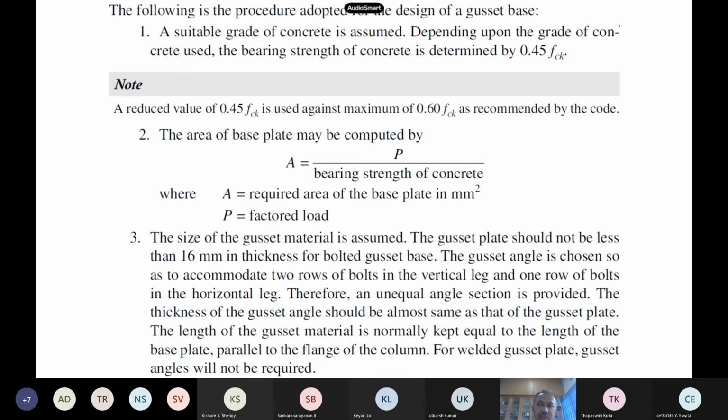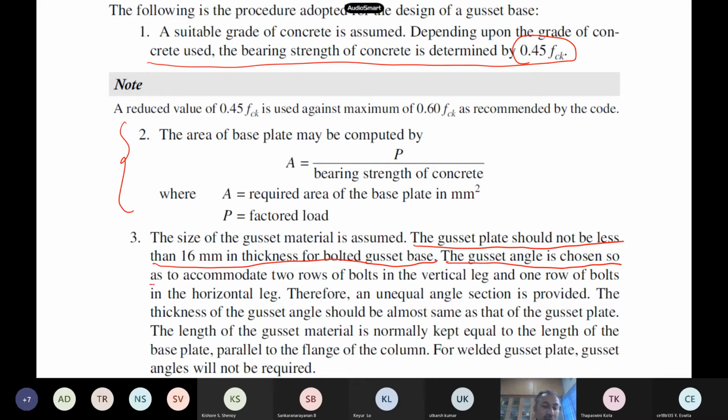These are the design steps. You assume a suitable grade of concrete, so 0.45 times fck, and the area of the base plate uses the same formula. Now coming to the gusset materials, the gusset plate should not be less than 16 mm thickness for a bolted gusset base. The gusset angle is chosen to accommodate 2 rows of bolts in the vertical leg and 1 row of bolts in the horizontal leg.